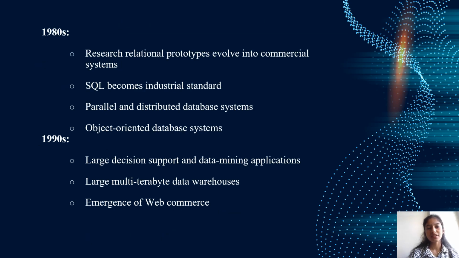In the 1980s, research relational prototypes evolved into commercial systems. SQL became the industry standard. Parallel and distributed database systems and object-oriented database systems appeared. In the 1990s, large decision support and data mining applications, large multi-terabyte data warehouses, and the emergence of web commerce.